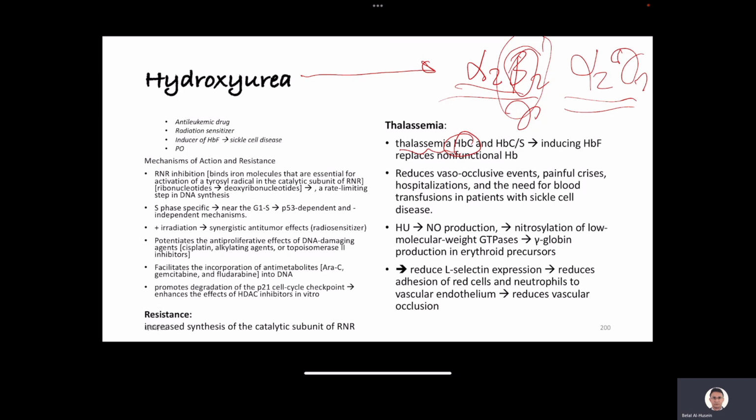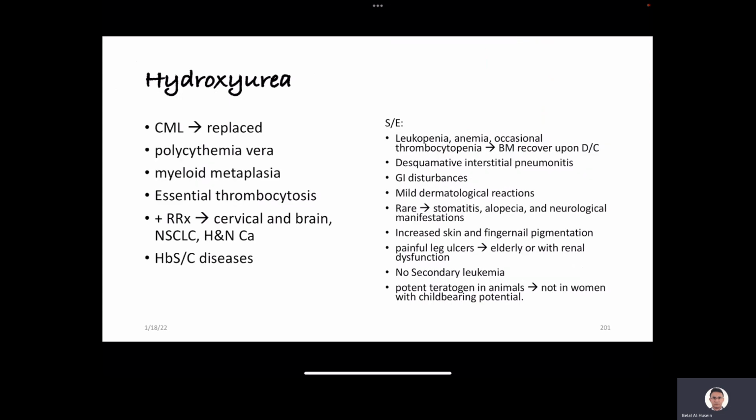And this leads to precipitation of RBCs, in fact, adhesion to blood vessels, formation of clots, especially at capillaries, and release of intracellular substances from those cells. And this leads to the manifestations of sickle cell anemia and thalassemia. And hydroxyurea, as we have mentioned, would induce gamma globin formation, which would replace the beta globin or lead to formation of hemoglobin F.